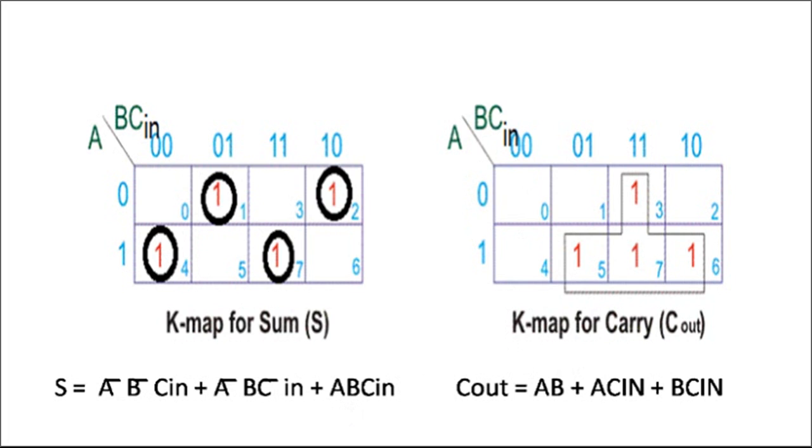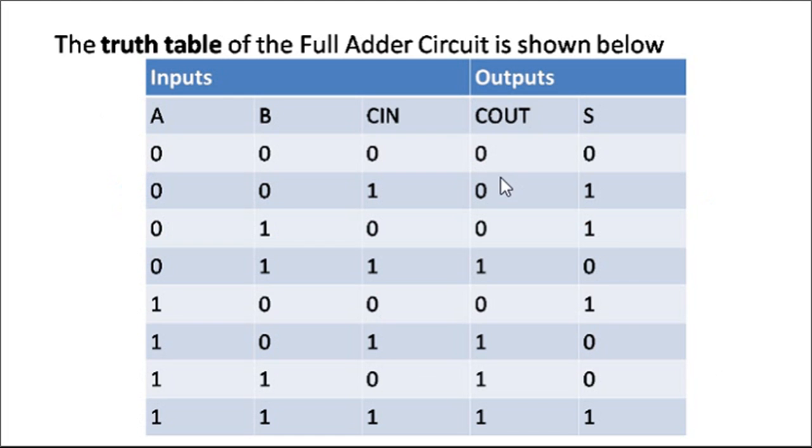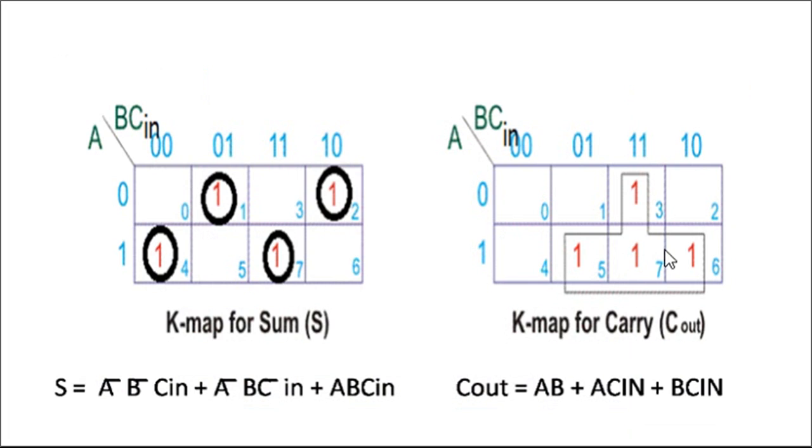Then for the carry out, again the 1, 2, 3, 4, so mark the corresponding 4 ones. Here there is a chance of grouping. These 2 are a pair, these 2 are another pair, and this one is another pair.